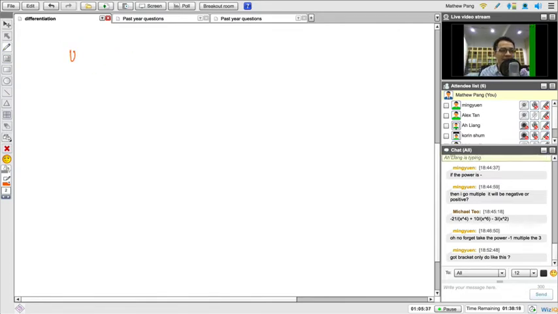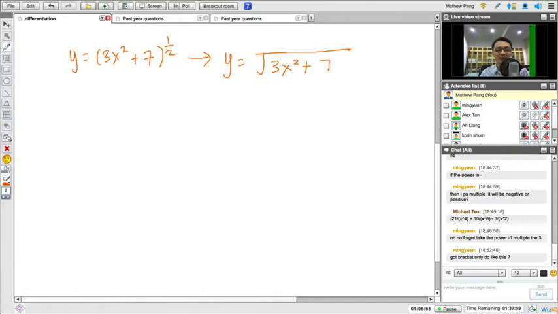let's say I've got y equals 3x squared plus 7 power of 1 over 2. But sometimes the exam won't so nicely give you 1 over 2. The exam will give you something like this: square root of 3x squared plus 7. And then they ask you to find the dy dx for this one.